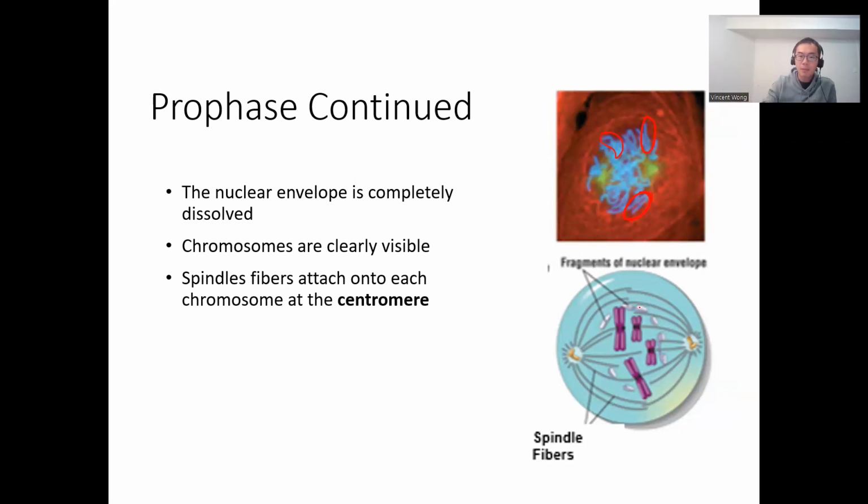The spindle fibers will attach to the centromere of the chromosome. So P is for prepare. We are preparing to split the cell in prophase. We have to get everything ready. We take the chromosomes out, send out the spindle fibers, and we are ready to move.